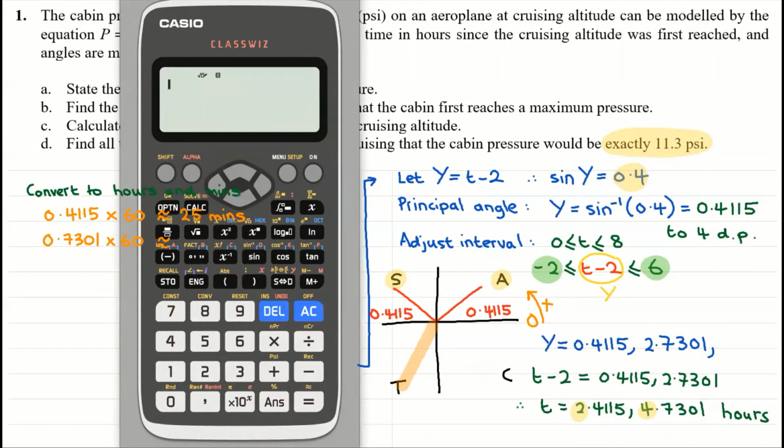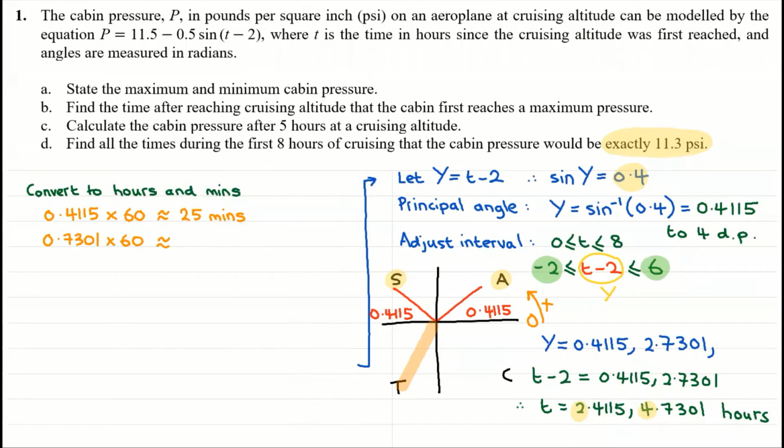So 0.7301, multiply that by 60. I've done that wrong, sorry. 0.7301 multiplied by 60. Okay, 43.8, so about 44 minutes. Okay, good. And if you're not sure you've done that right, use your common sense. Okay, we know 3/4 of an hour is 45 minutes. That's just slightly less, isn't it? 0.73. 3/4 will be 0.75.